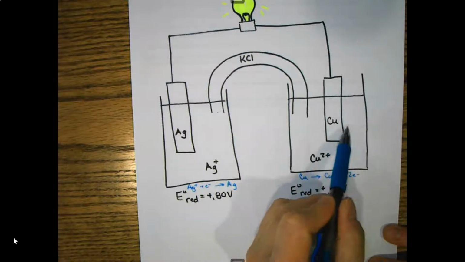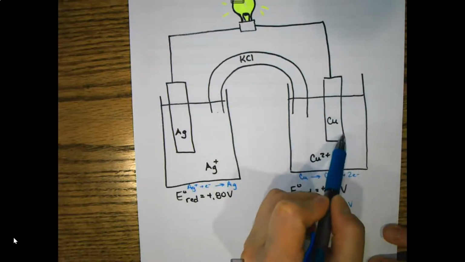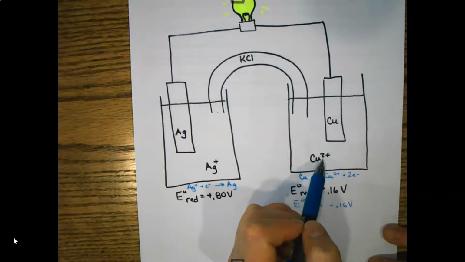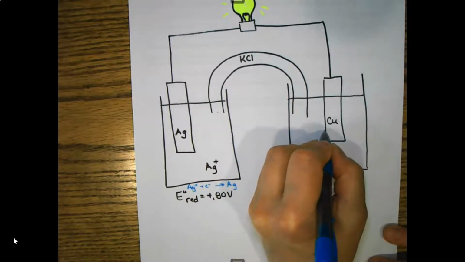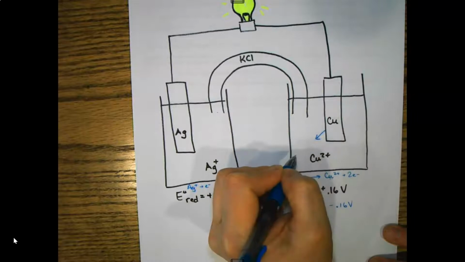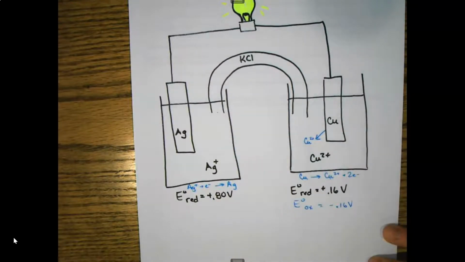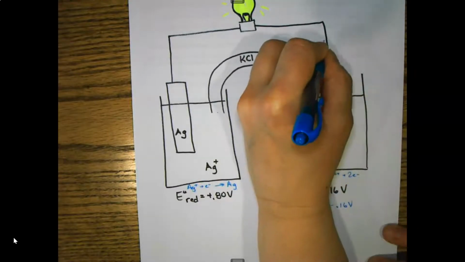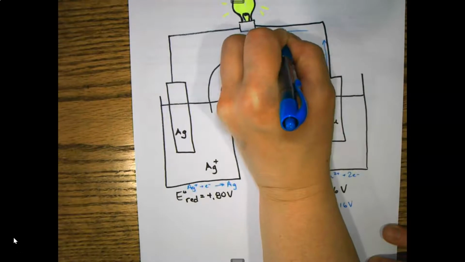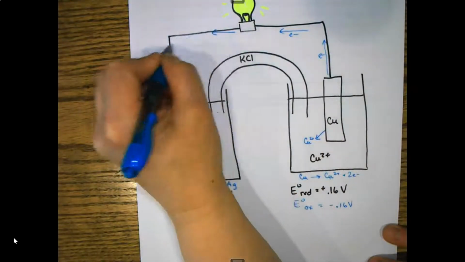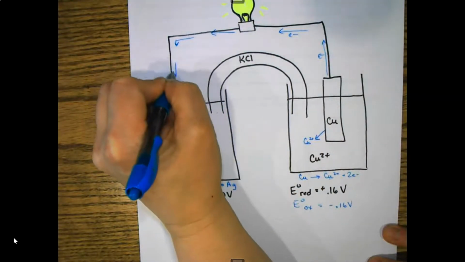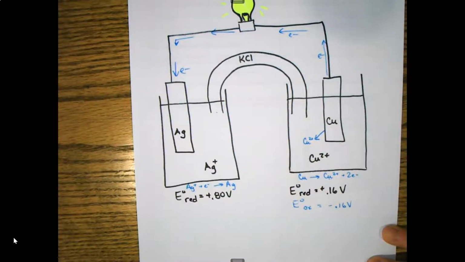Okay, so copper from this electrode is going to lose electrons, become copper-2 plus ions. So from the surface of that electrode, copper ions are going to be deposited into the solution. And the electrons are going to travel up the wire in that manner.